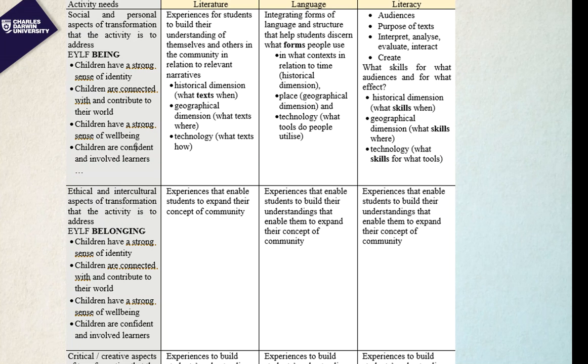So the historical dimension you consider of text, you consider geographical dimension. Well, I don't really know what invitations look like in different areas of the globe, but that's an interesting thing to explore, and go to Google and Google Images and type those words and see what you can save on your PowerPoint.